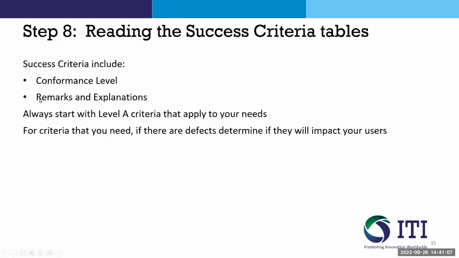Okay, step 8 is reading the success criteria tables. These tables always include the conformance level, and then they have a section of remarks and explanations. So they'll say supports, partially supports, does not support, not applicable.